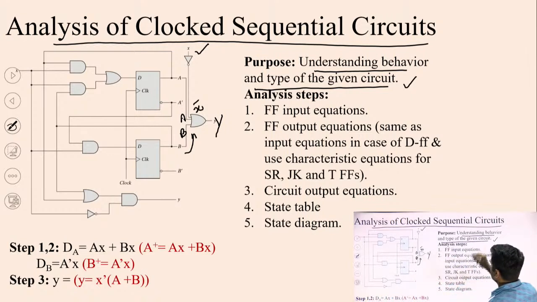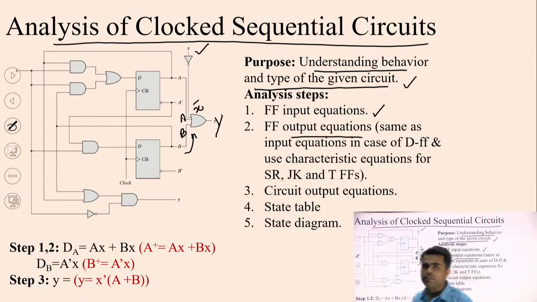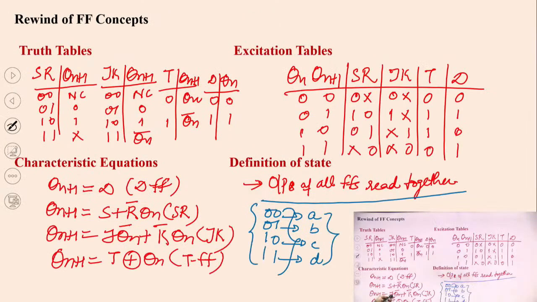You will be provided with a circuit and you can check the flip-flop input equations, what you are getting at the flip-flop inputs. Second step, flip-flop output equations, what is the output of the flip-flop, and that output can only be determined by using the characteristic equation, because we have already seen that we can determine the output of any flip-flop if we know the inputs of that flip-flop and the previous output.